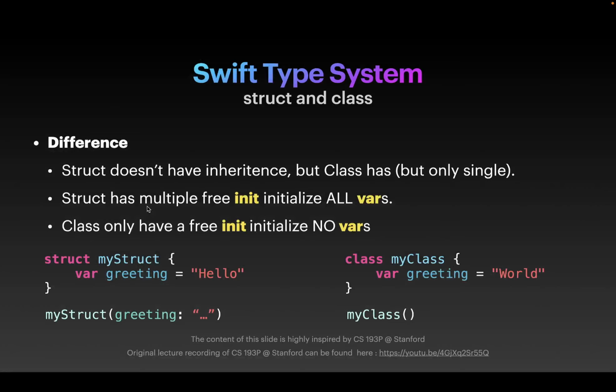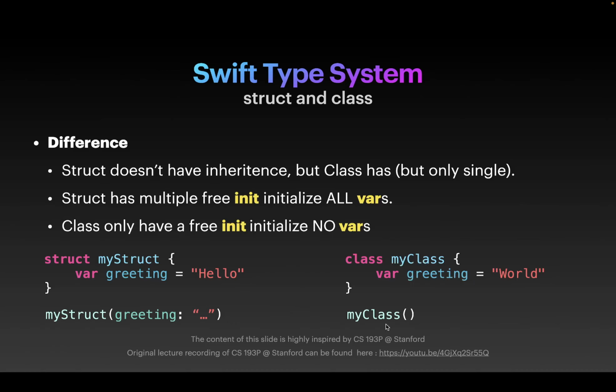Now let's take a look at the class. A class also has a free initializer, but it only has one free initializer, and it initializes no variables. In this case, this is my class, a class named my class, and you already have a variable that gets initialized as world.